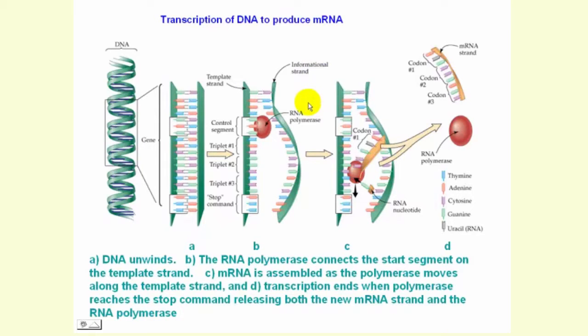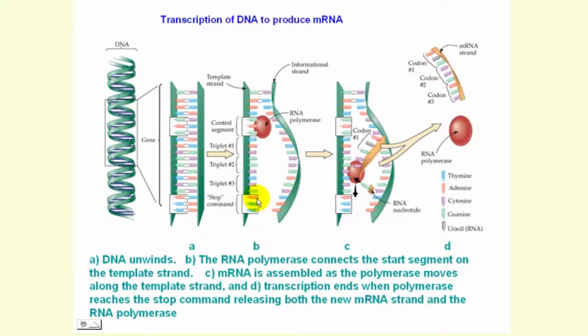So at the end of transcription, the RNA molecule will contain a base for every base that was on the informational DNA strand from the start to the stop codon. The messenger RNA is not ready for protein synthesis yet.